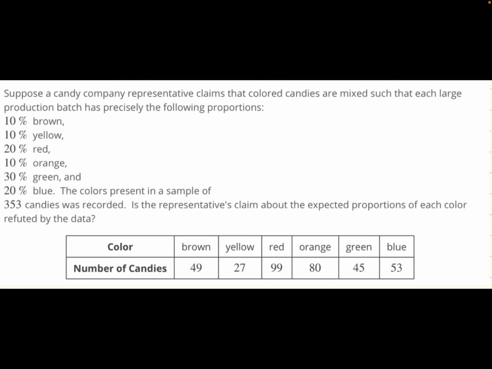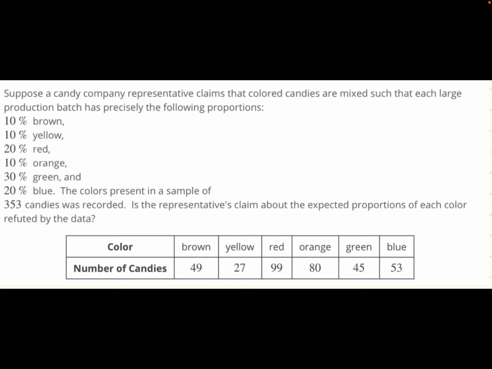So we would have 35.3 brown, 35.3 yellow, etc. And you would figure out what percentage of 353, so you would have 10% orange as well. You would figure out how many of the candies out of that sample of 353 would be a specific colour. How many would you expect to be a particular colour? That would be your expected value list.